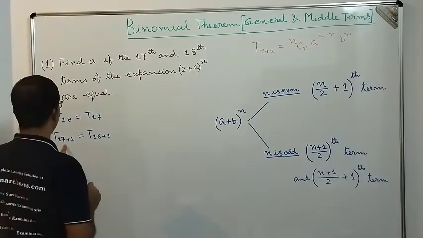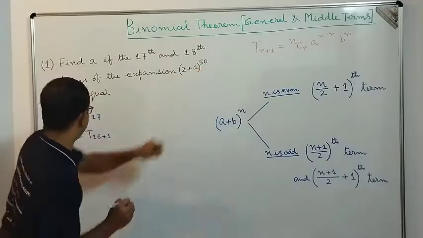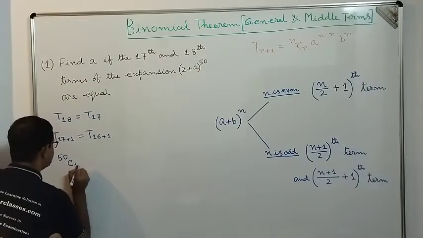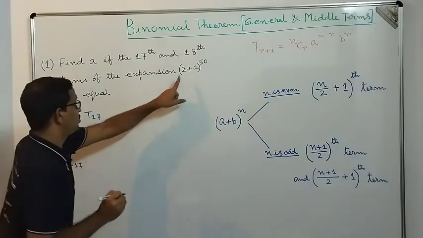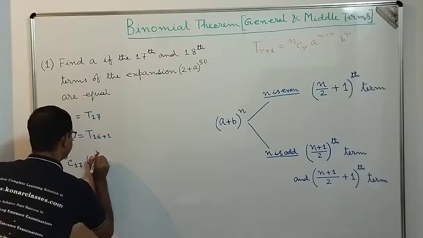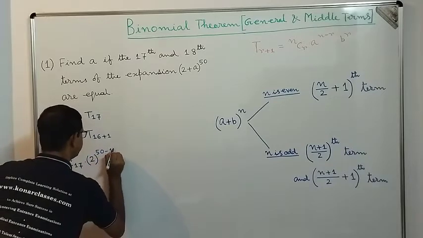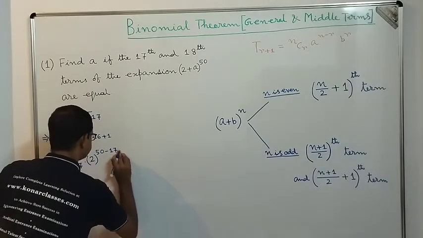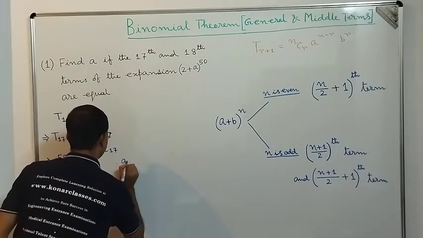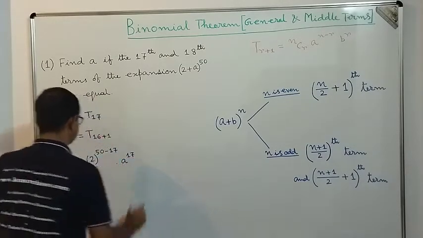So, what is the value of n here? n is 50. So, it should be 50C17 into 2^(50-17) into a^17. Correct?